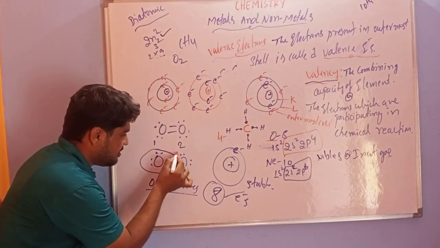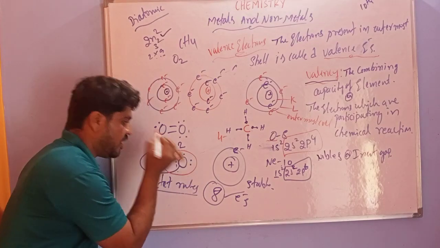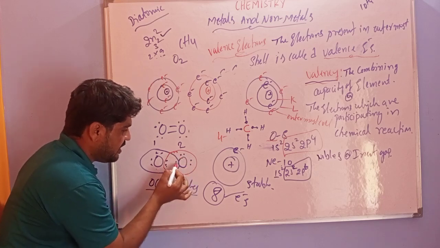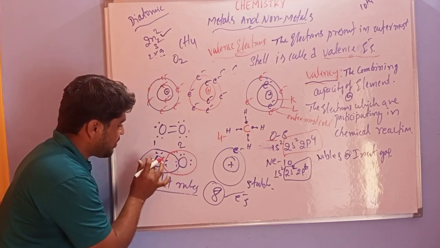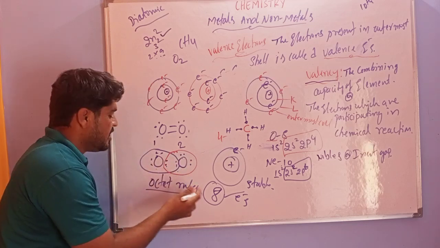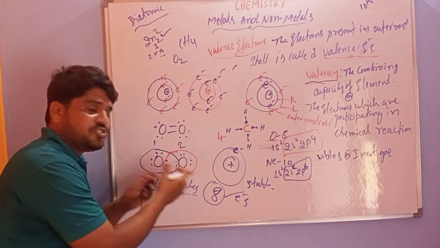So once again this makes a bond. In this, 2 electrons here, 2 electrons here, 2 electrons here, totally 6, and from the first oxygen atom it also receives 2 electrons. So this is a mutual combination.